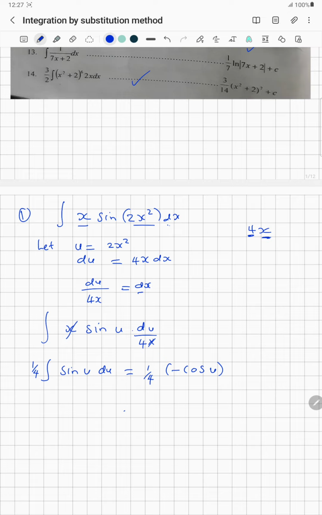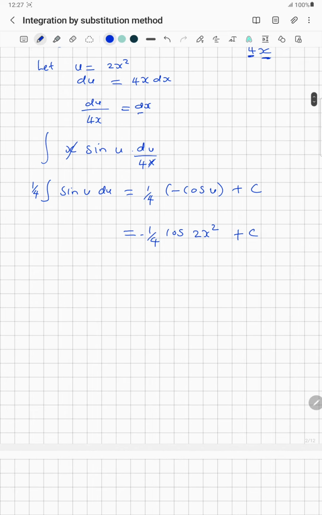This can be written as minus a quarter cos of u. U we know is 2x squared, so the answer is minus a quarter cos of 2x squared plus c. Don't forget to put c. So that is a bit simple. You can check if you arrived at such an answer.